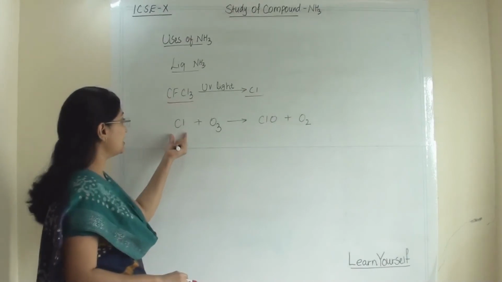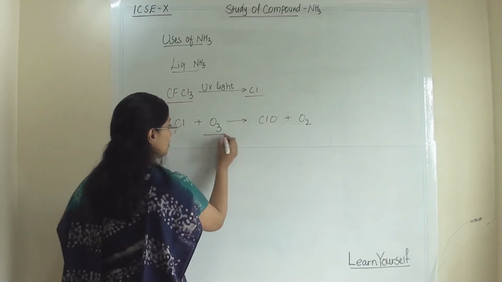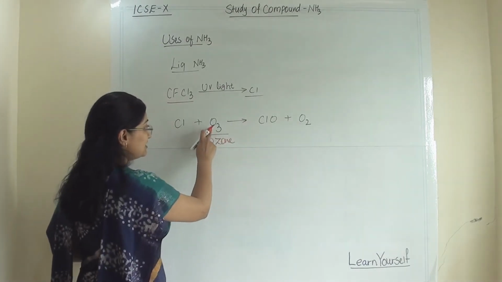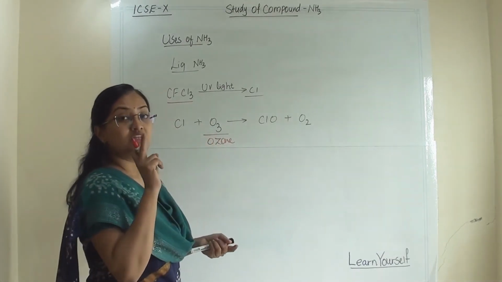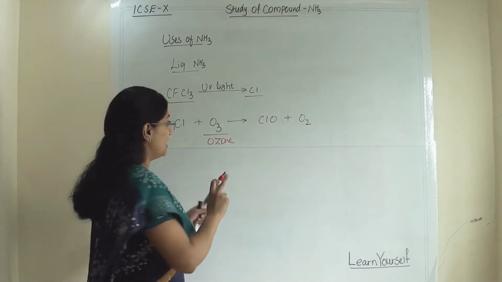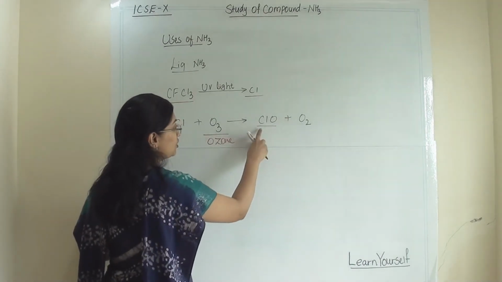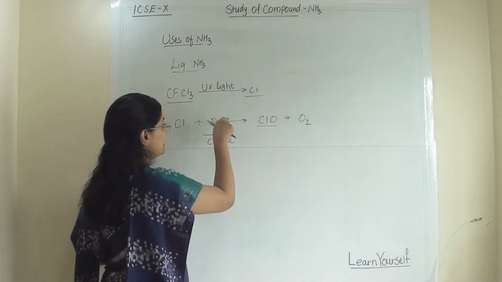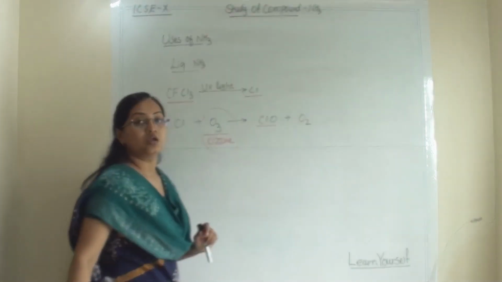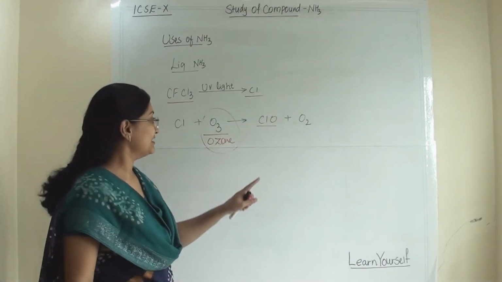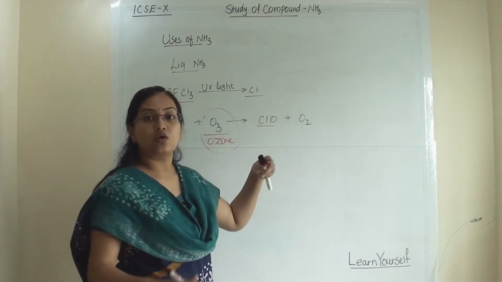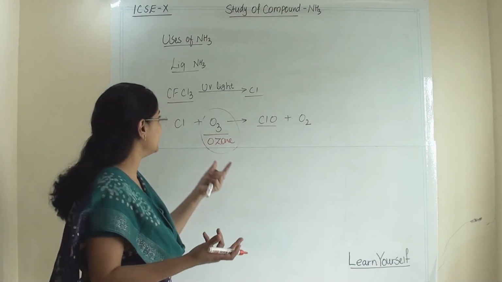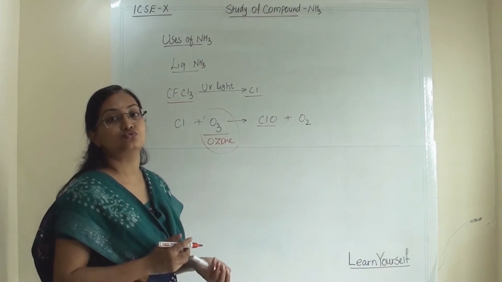When this chlorine atom comes in contact with the ozone layer, it decomposes the ozone molecule and forms other molecules, ClO and O2. So it decomposes our ozone molecule, and this oxygen cannot combine again to form an O3 molecule. So basically they are depleting our ozone layer.